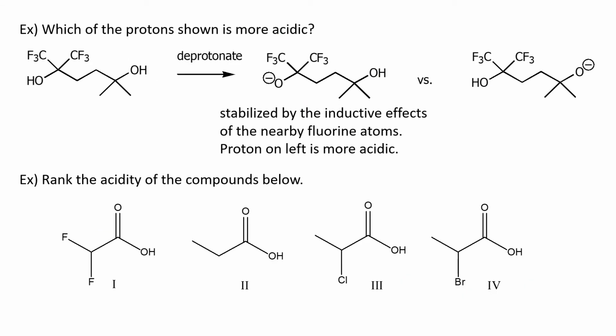Let's take a look at an example here. Which of the following protons is more acidic? So let's compare our 2 protons. We're going to deprotonate and we'll compare them separately. So let's look at the first one. We end up with a negative charge on the oxygen.